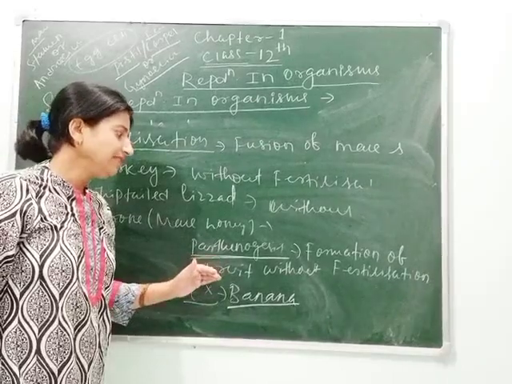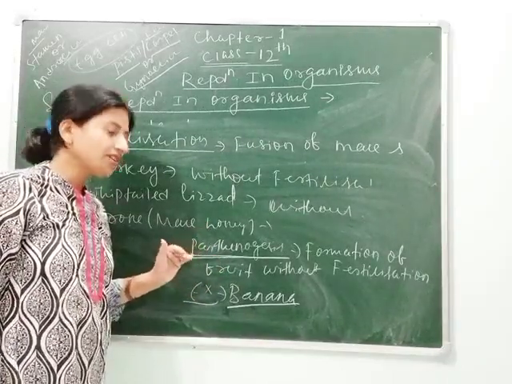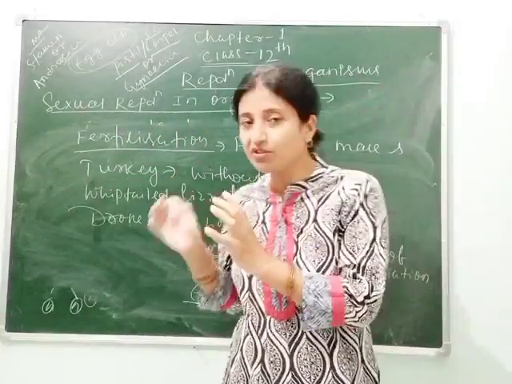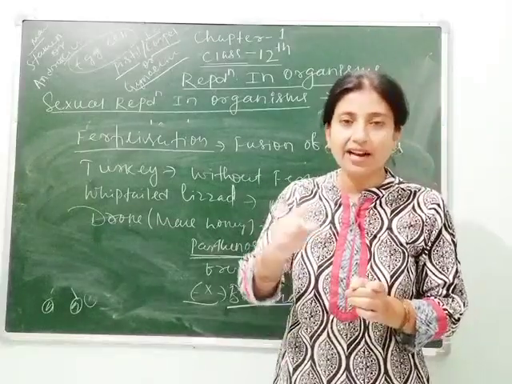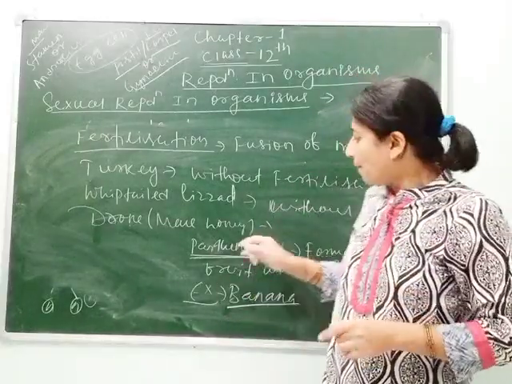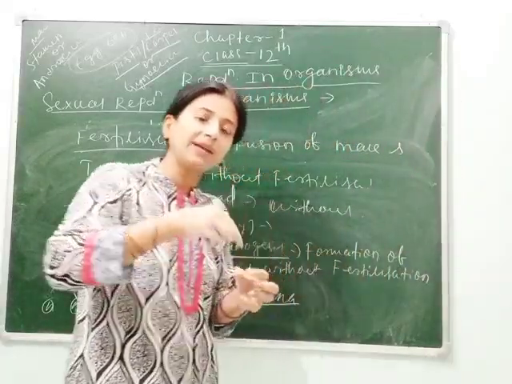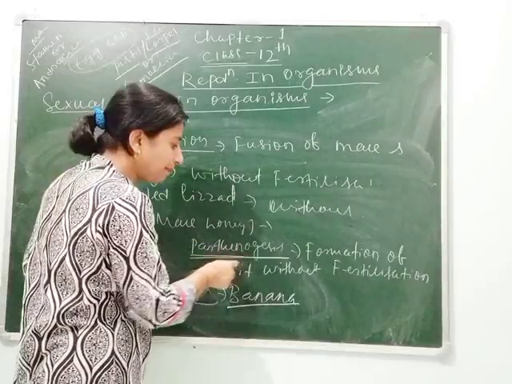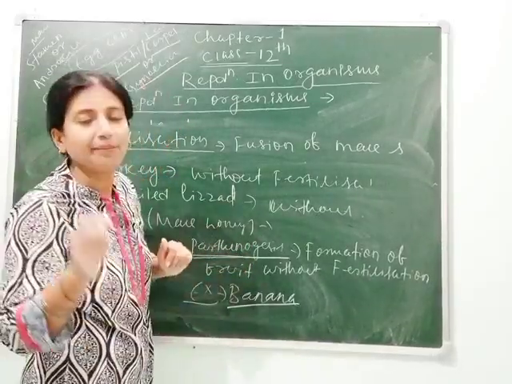Clear? And the process, students, is called parthenogenesis. Here some confusing terms will come: one is parthenogenesis and one is parthenocarpy. Parthenogenesis refers to animals and parthenocarpy refers to plants. So for banana we cannot say parthenogenesis, we say parthenocarpy.